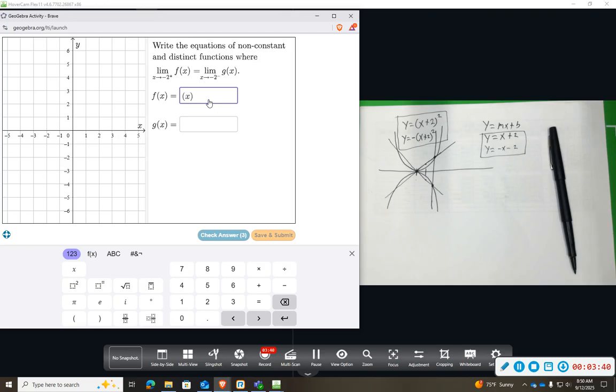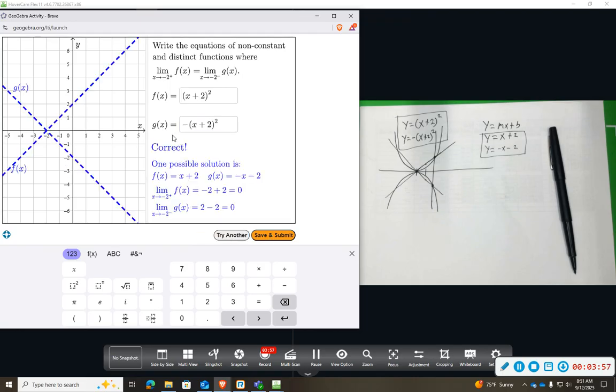We'll say x plus 2 to the second power, and then we'll do a negative x plus 2 to the second power. Okay, so this tells you that's one possible solution. They give you the other one, so that's the linear one that I wrote, and again I just based it off of what they did.